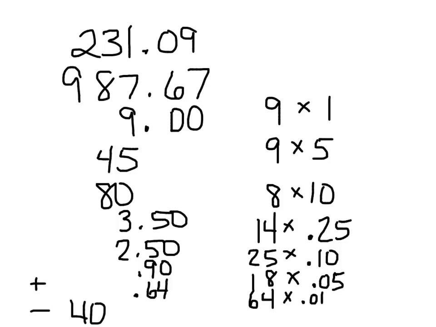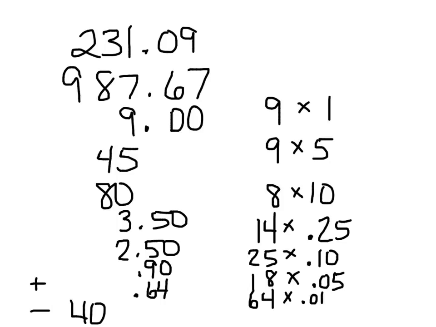So, on your calculators, you're going to take 231.09 plus 987.67 plus 9 plus 45 plus 80 plus 3.50 plus 2.50 plus 90 cents plus 64 cents minus 40. And whatever you get there, that's your final answer.